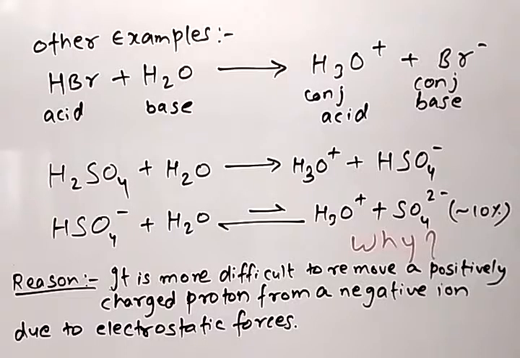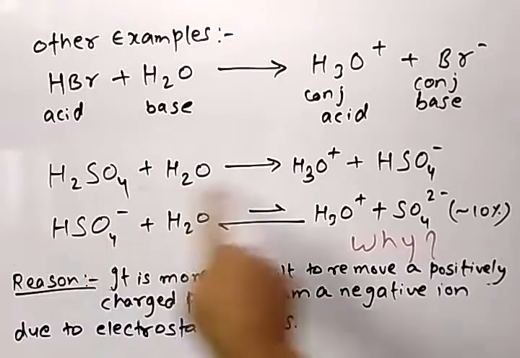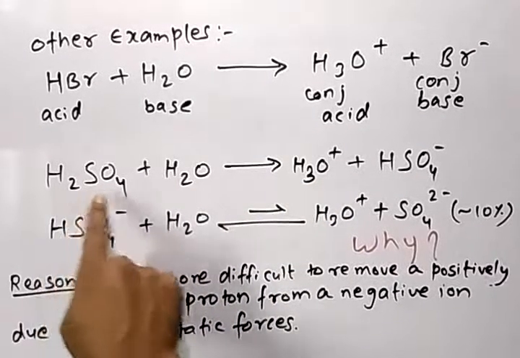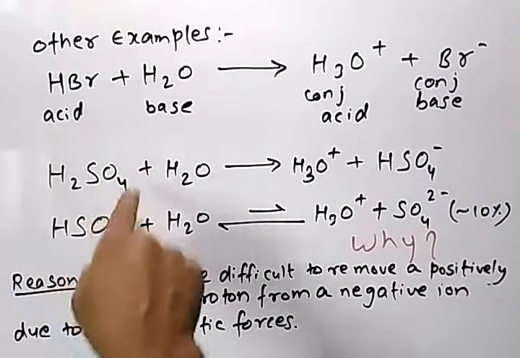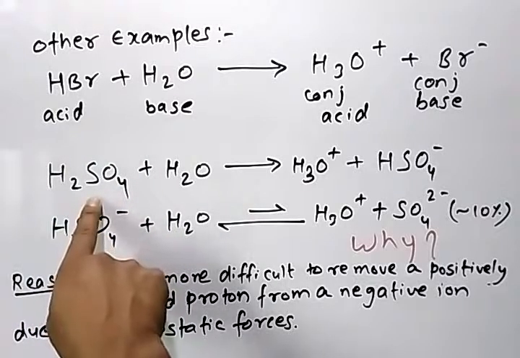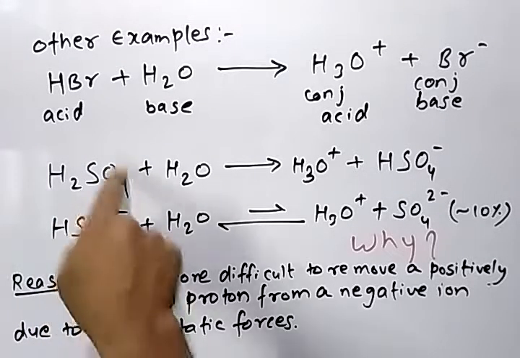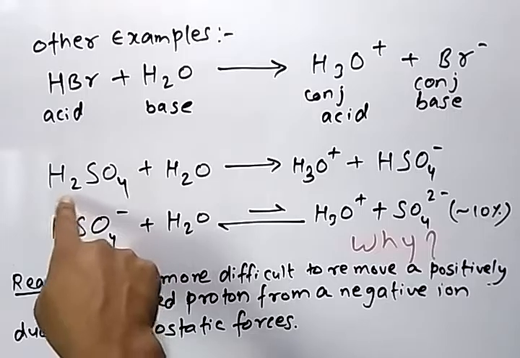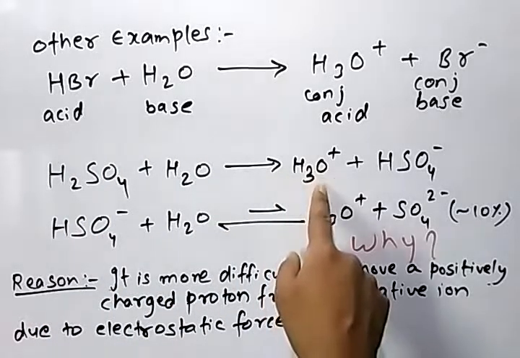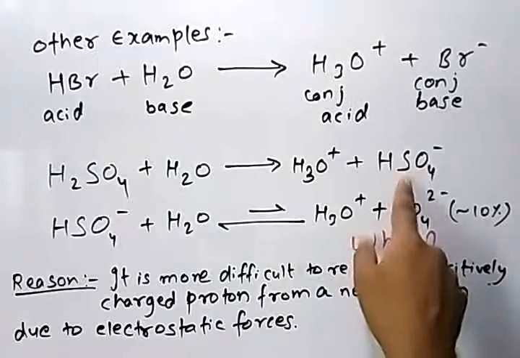The reason is that it is more difficult to remove a positively charged proton from a negative ion due to electrostatic forces. Notice that in the first case, H2SO4 has to lose a proton and H2SO4 is neutral. So from a neutral molecule, one proton can easily be removed to form H3O plus and HSO4 minus.